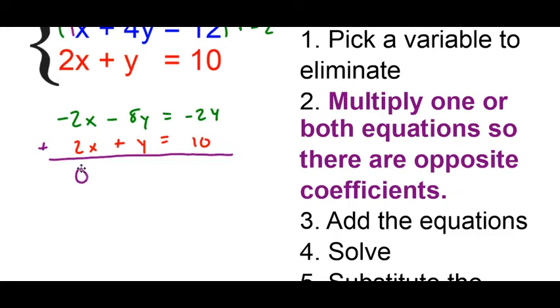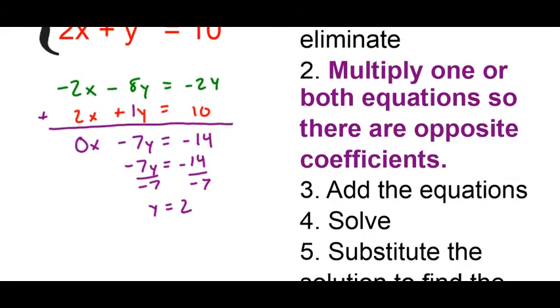That gives me 0x. Negative 8y plus 1y is negative 7y. And negative 24 plus 10 is negative 14. Now again, I don't need to write the 0x, so I'm just going to write down negative 7y equals negative 14, divide by negative 7, and I get a y value of 2.